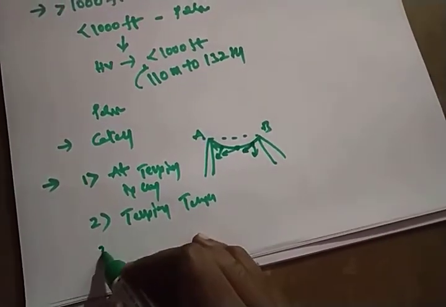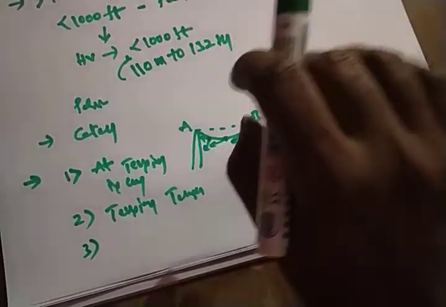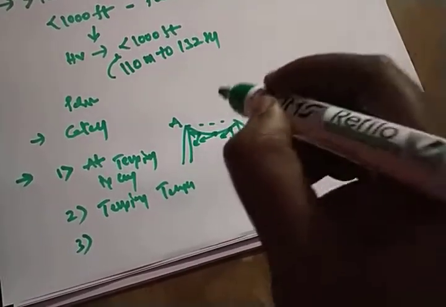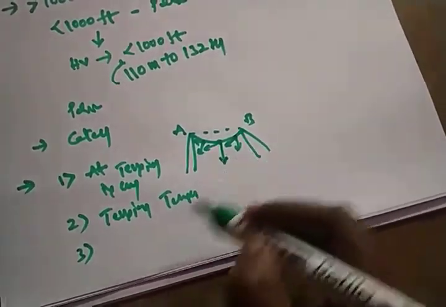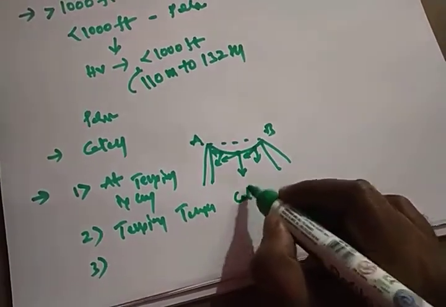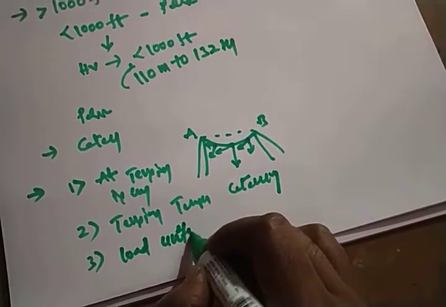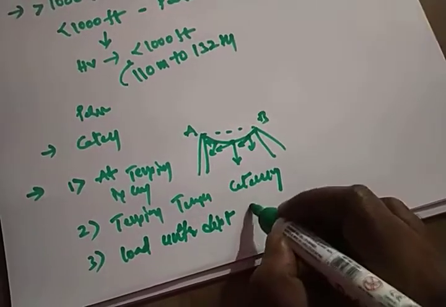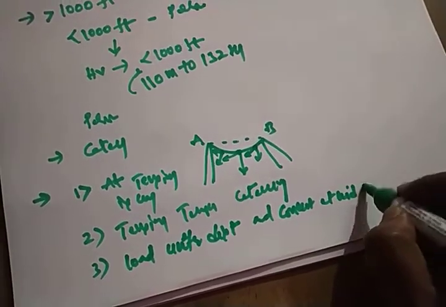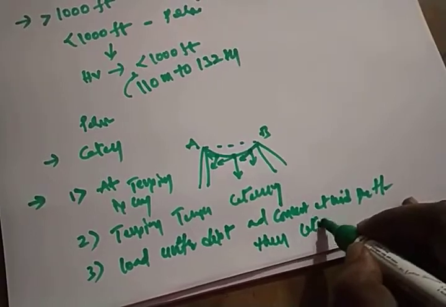If the load is concentrated at the midpoint of a transmission line, we can call it a catenary shape.